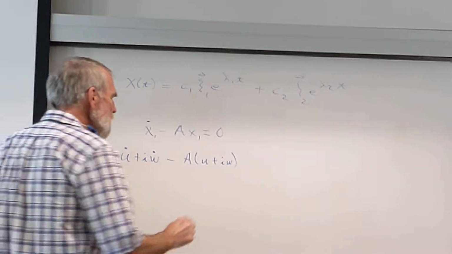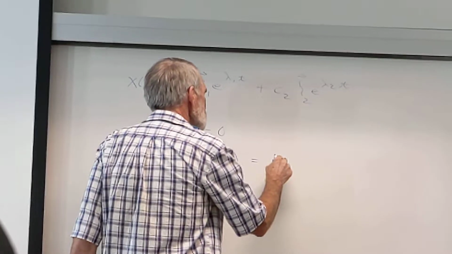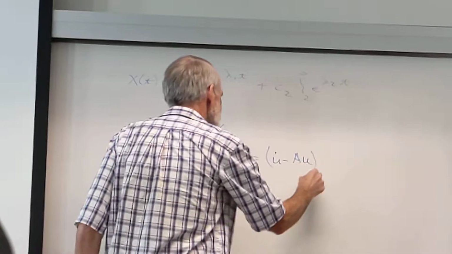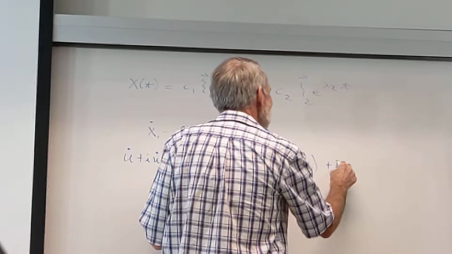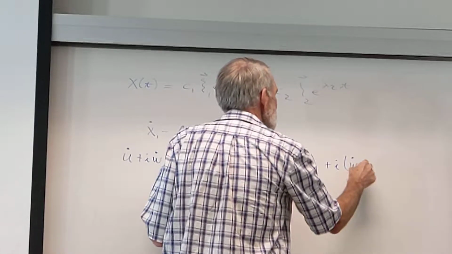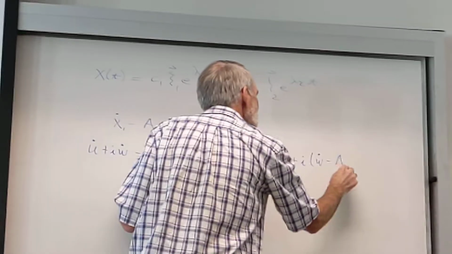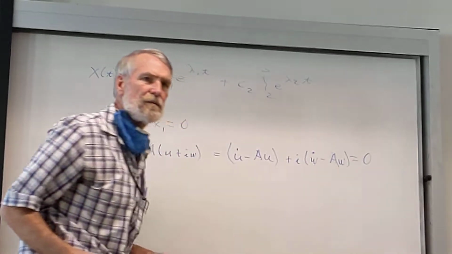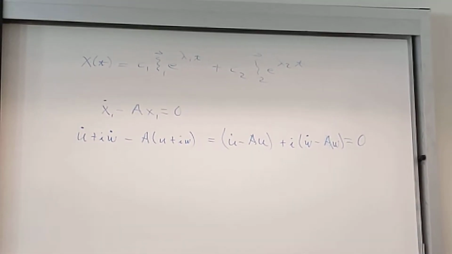We could rearrange this and see it is equal to u dot minus Au plus i times w dot minus Aw, and that has to be equal to 0. Simple rearrangement.